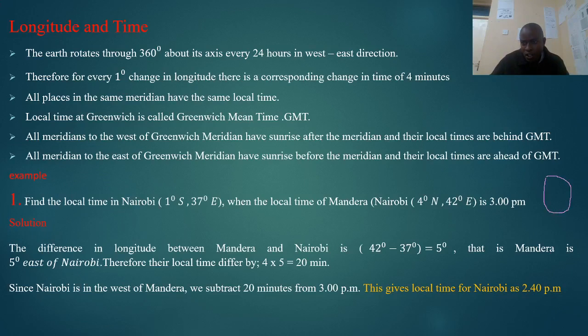So if I sketch, I have a point at the middle here, and I have another point. I only want you to understand. Now 1 degree south, if I say that is my 1 degree south, and I also have 37 degrees to the east.